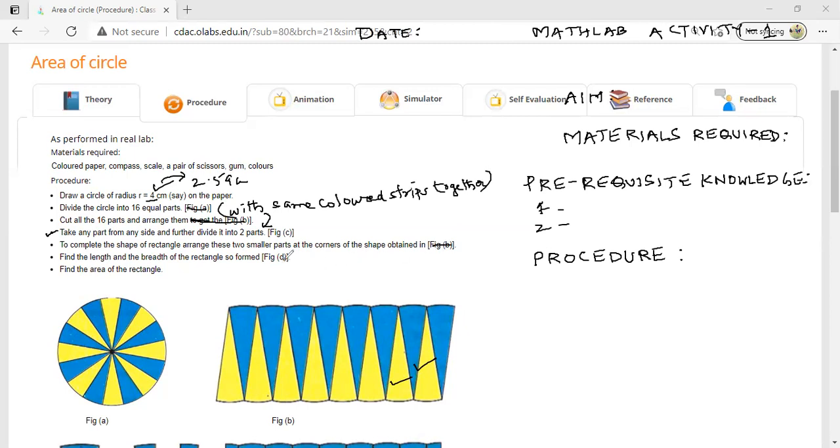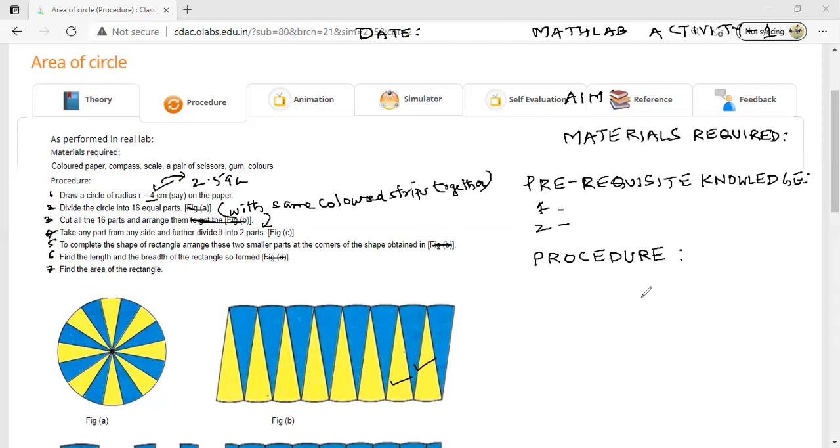No need to write figure number. Find the length and breadth of the rectangle to find the area of the rectangle. So these are the points. You have to write point wise: point one, two, three, four, five, six, and seven. These seven are the procedure.